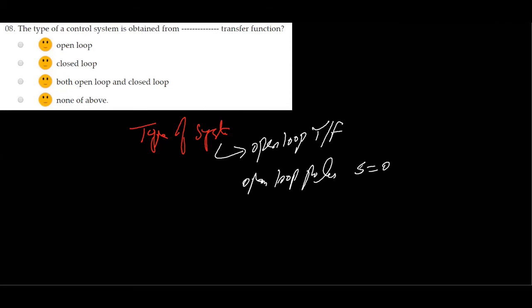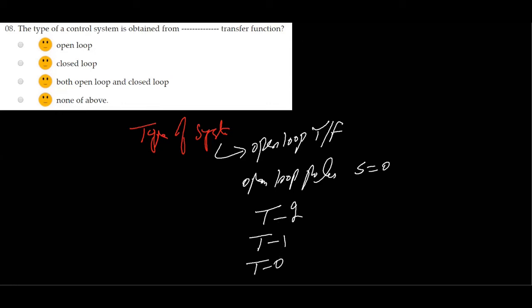If the number of open loop poles at the origin is 2, then that is a type 2 system. If it is 1, that is a type 1 system. If the number of poles at the origin is 0, then that is a type 0 system.